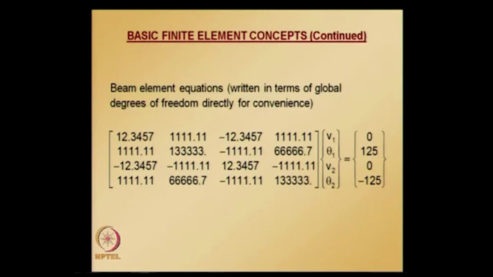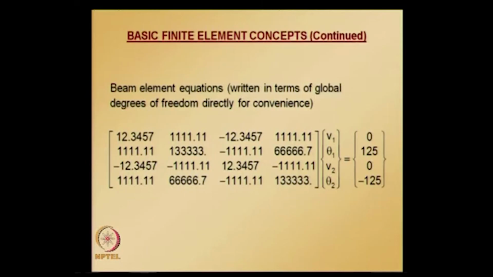Now coming back to the spring element. The spring element has 2 degrees of freedom, V3 and V2, and we need to decide how we number these nodes, whether node 3 is local node 1 or local node 2.